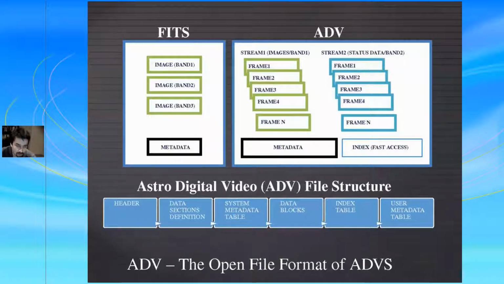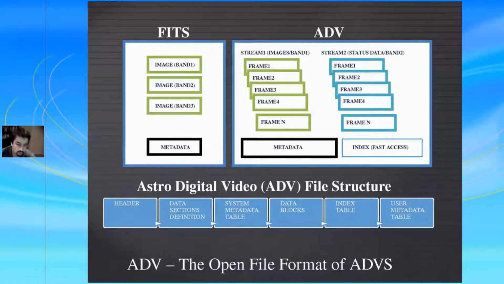So a bit more about the ADV file format. When we created this for the ADVS system, we wanted to come up with a file format which, so first of all, we needed a new format because we were about to store 12 and 14-bit video, and the standard AVI files wouldn't support this type of thing.